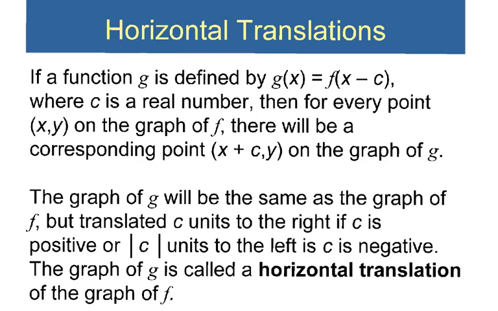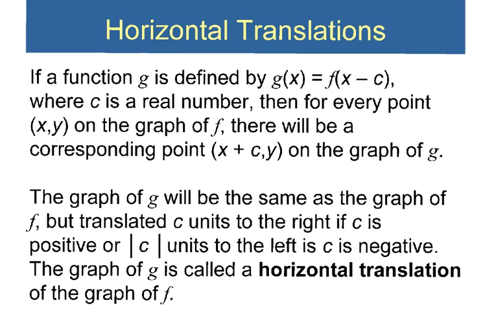And here, instead of the minus c or plus c being added or subtracted to our entire function, it's being added or subtracted just on the inside to our x value. Okay? And what this gives us is something called a horizontal translation. It shifts our graph left and right depending on whatever our value of c is.